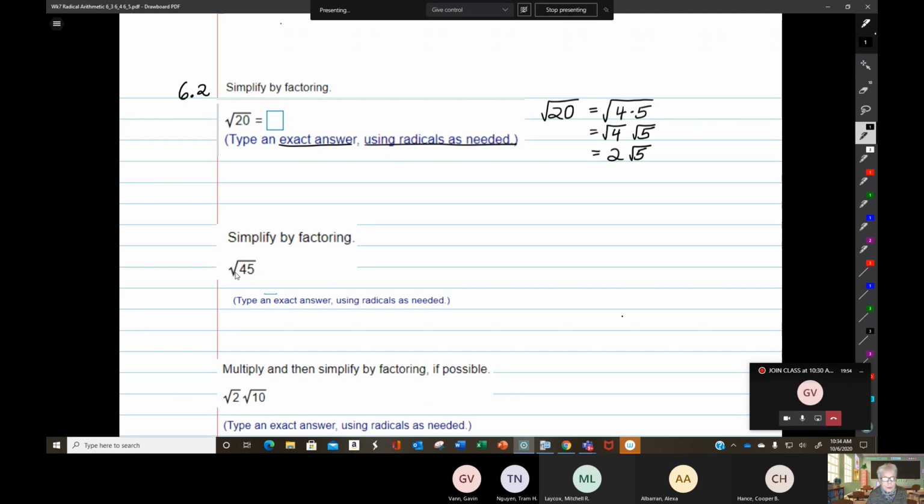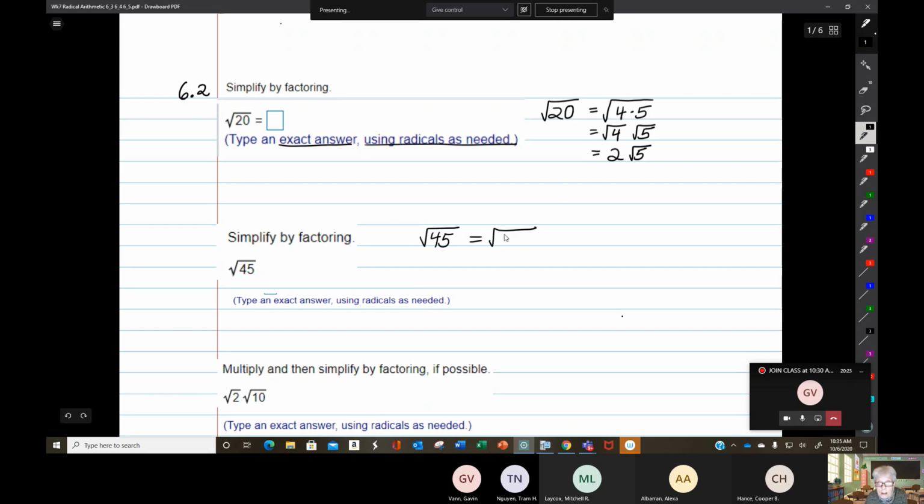Let's do it again, the square root of 45. The square root of 45 just gives you a decimal because it's an irrational number, but it does have a perfect square hiding inside it. The square root of 45, well, 45 equals 9 times 5.